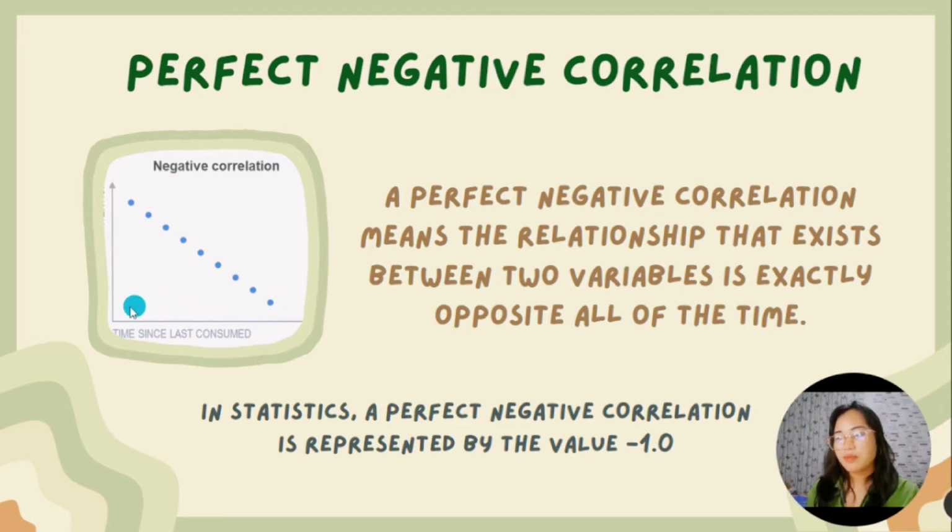So you can see that these are exact opposites. This variable has a low value, and this variable right here has a high value. So they are opposites from each other. This one has low and this one has high.